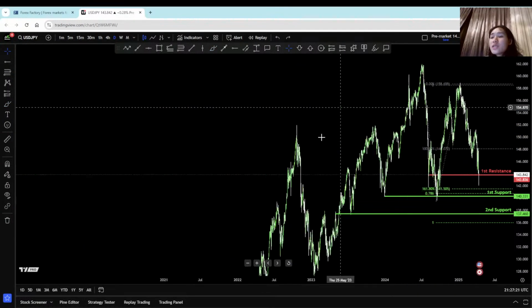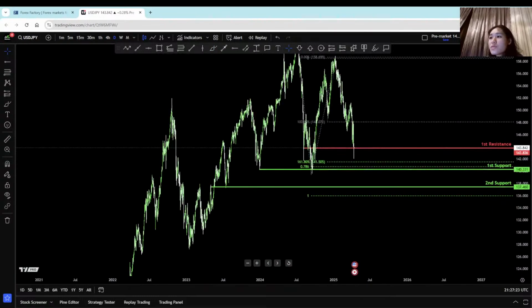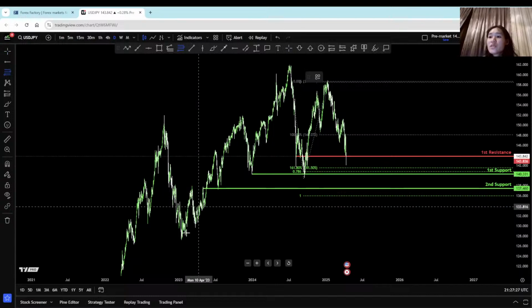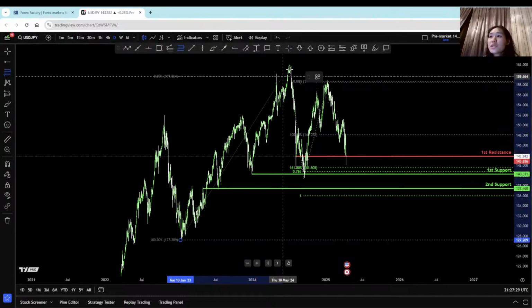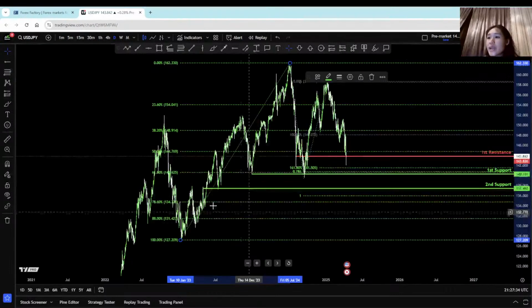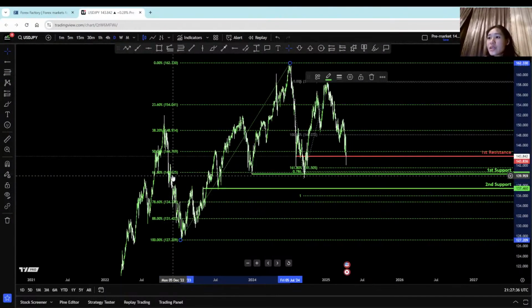And let's see if we have any other levels. I think I might go in with a retracement over here. Just a simple Fibonacci retracement here. Okay, and here we are looking, yep, so 61.8 lines up nicely.